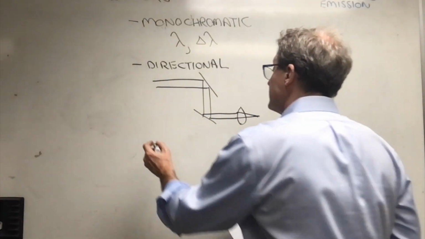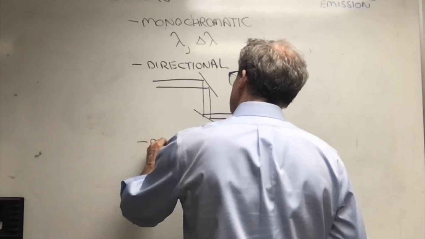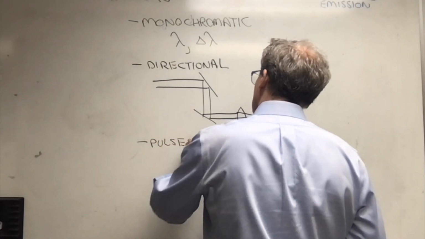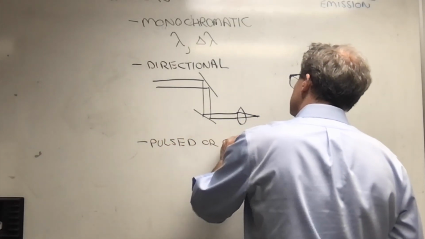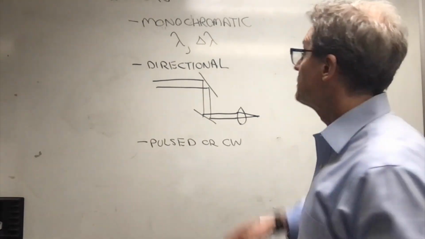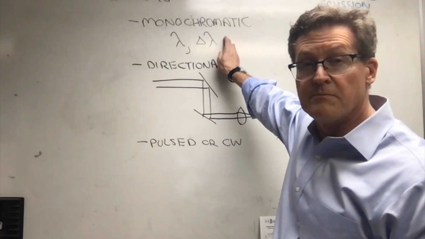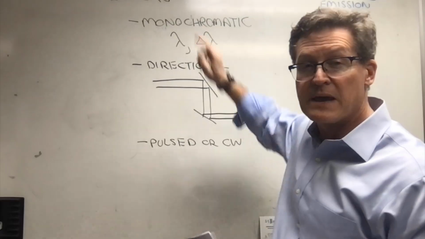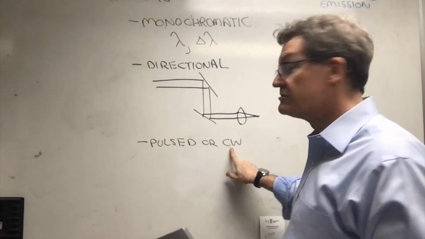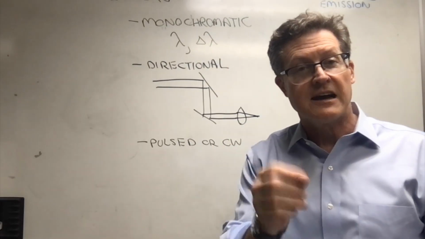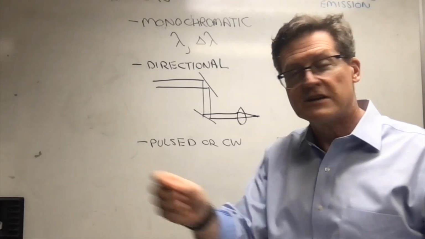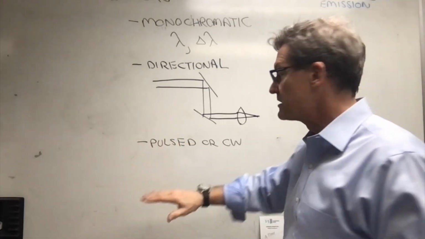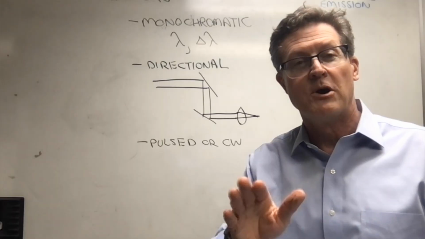You can also run lasers either in a pulsed mode or CW. CW is continuous wave. And if you want to really define the wavelength and bandwidth very well, you're going to use a CW laser. But if you want time information, right, and the time progression through time resolved spectroscopy, you want pulsed operation.